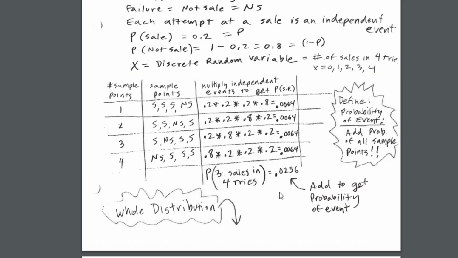And this is really an OR logical test. It's what's the probability of getting this sample point, or this one, or this one, or the 4th one. So there's our probability for 3 sales in 4 tries.